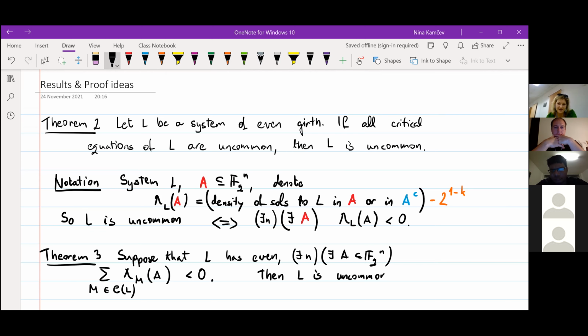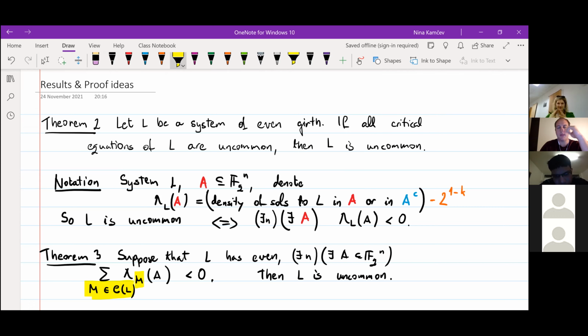I'll meditate on this a little bit because I'm aware that it's a bit of a mouthful. Here this sum is a kind of superposition of the contributions of the critical equations. Here again, we're looking at M, and M is a single equation, which is derived using these row operations from L that we just did on the previous slide. So if we have a coloring in which the sum total of the solutions to these critical equations is negative, then we can deduce that the whole system is uncommon. This is important again because the size of L can be arbitrary.